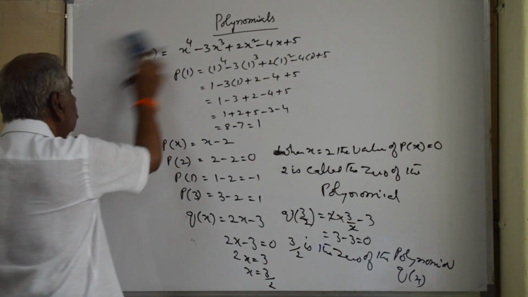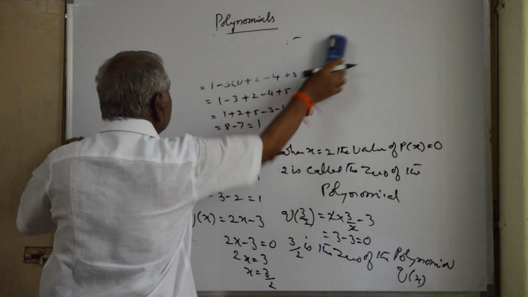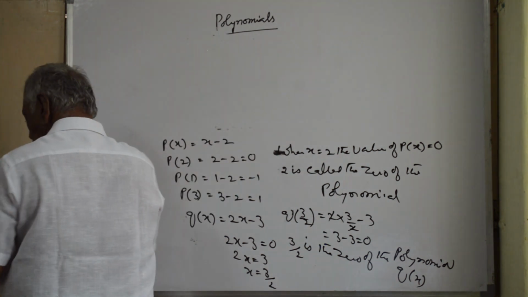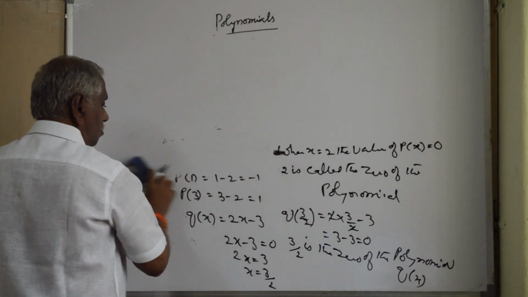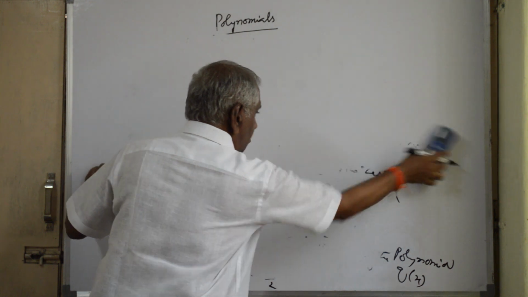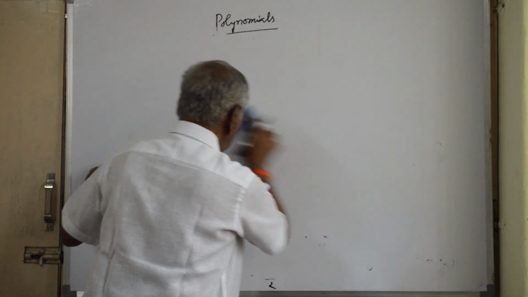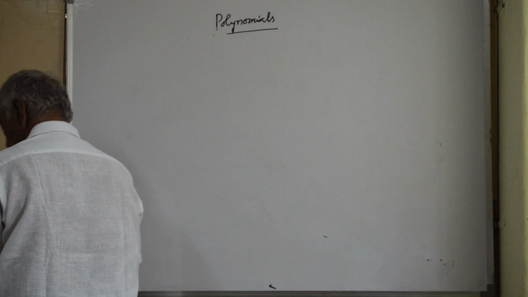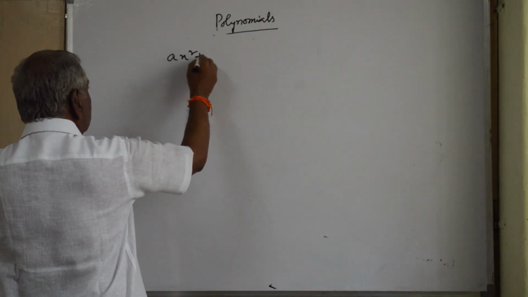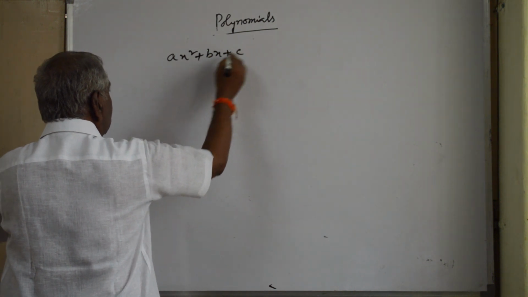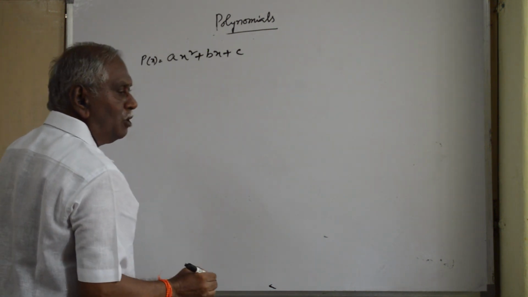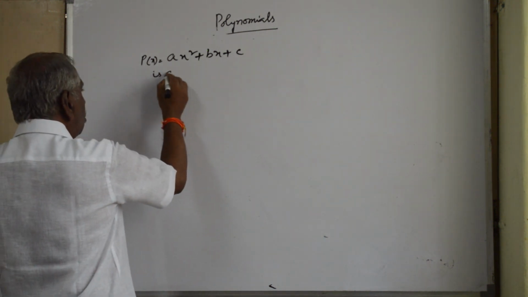Now, ax square plus bx plus c is a polynomial of second degree. This is called a quadratic polynomial. We call it a quadratic polynomial.